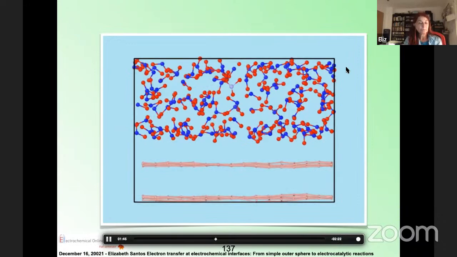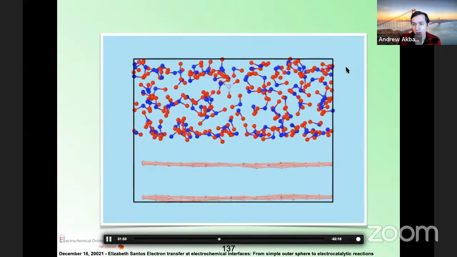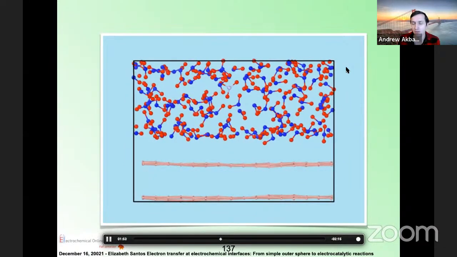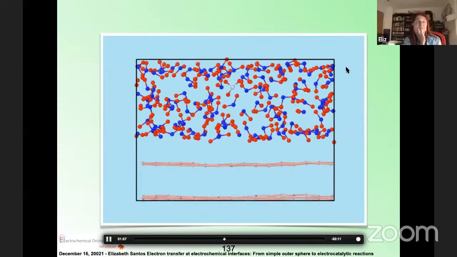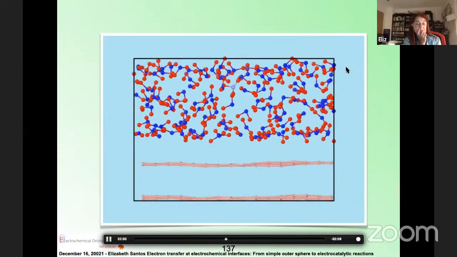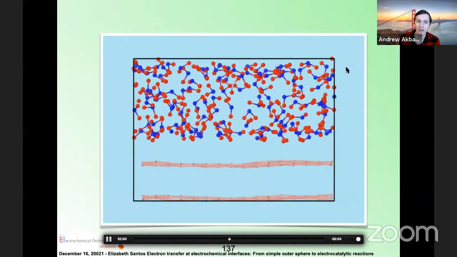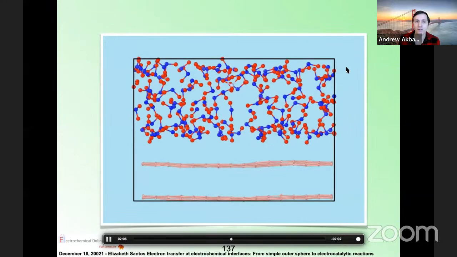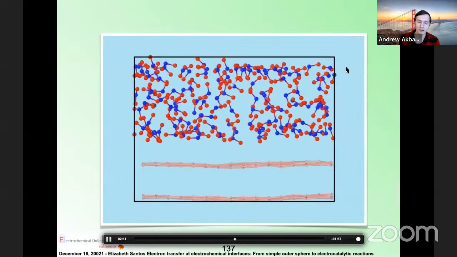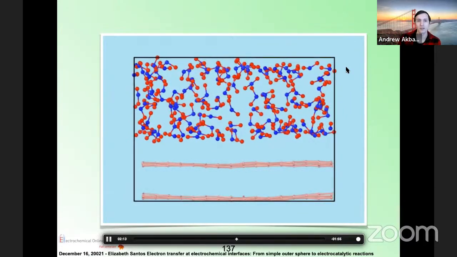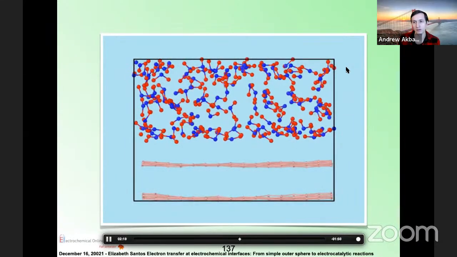Okay, so we are open to questions, and I can already see a question from Cyril. He is asking, well, basically the question that I also had for you, about the inclusion of the double layer effect. Do you include the fact that you should have certain cations or anions at the surface counteracting the electrode potential, or do you just include the potential as the level position of the reactant with respect to the Fermi level of the system?